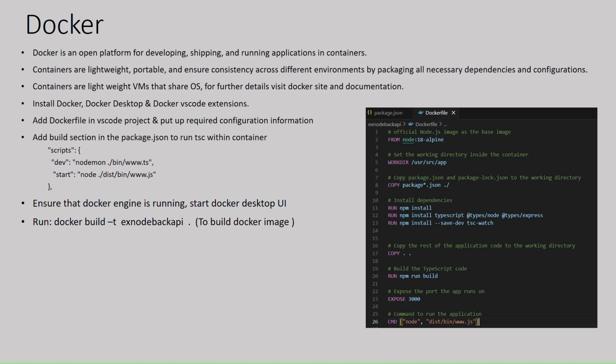The second thing that we need to do is to create a Dockerfile in our source code that will contain information about how to create a container, and look at a snapshot in this slide as well. And the third thing we need to do is some modifications in our package.json to enable it to start our Node.js application from within the container.